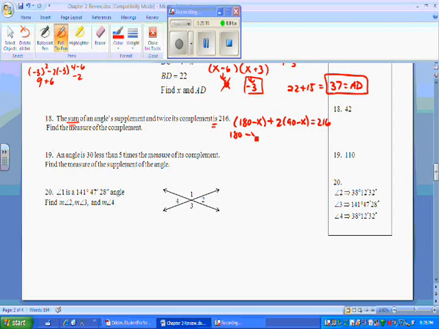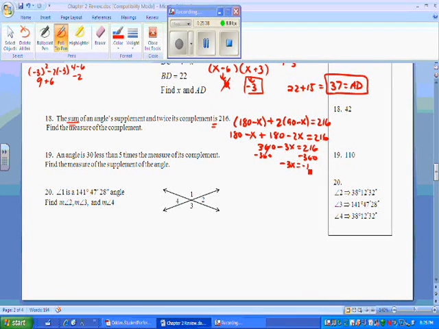Simplify this side. This is 180 minus x plus 180 minus 2x equaling 216. Simplify this side. We get 360 minus 3x equals 216.